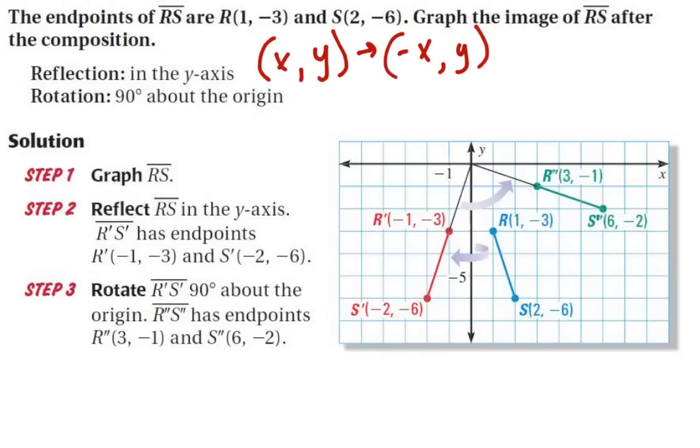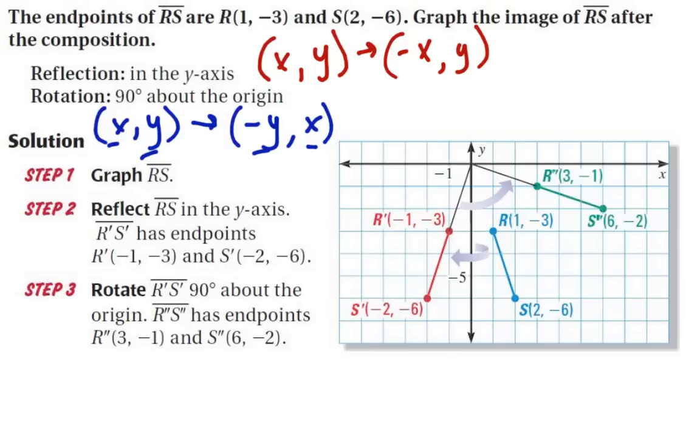And then the instructions for the 90-degree rotation about the origin goes from (x, y) to (-y, x). So use the opposite of the y coordinate for your new x coordinate and use the x coordinate as your new y coordinate.